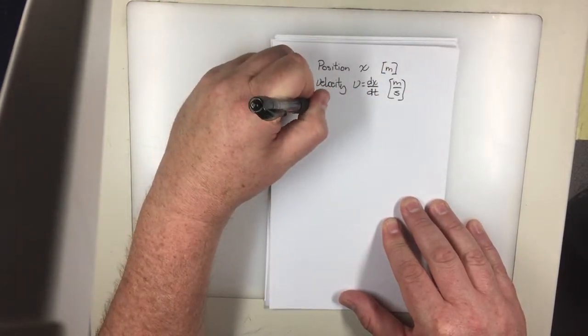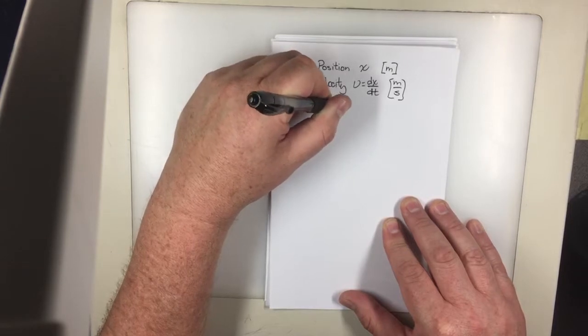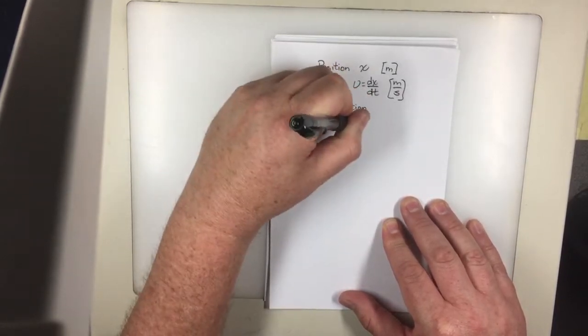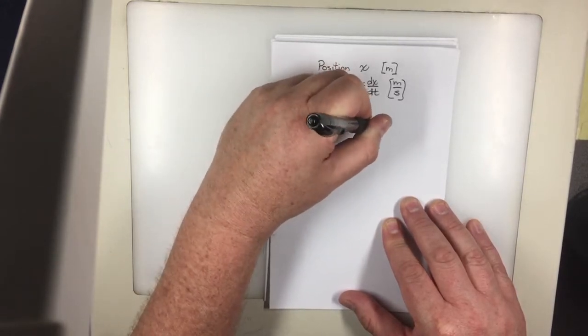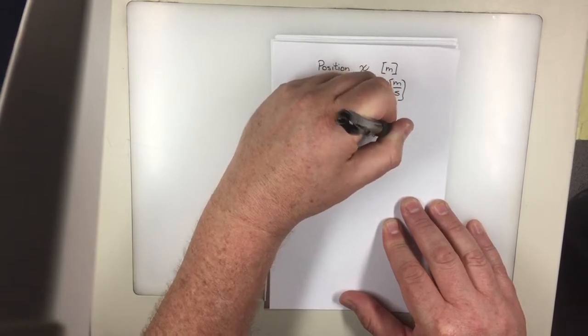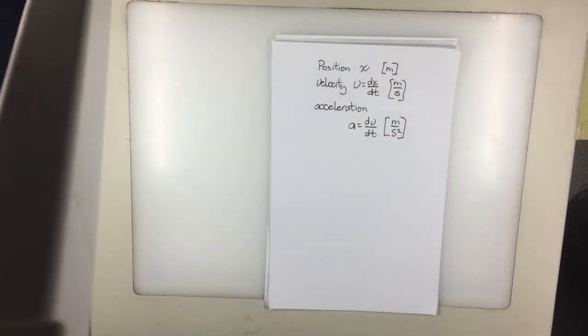We know about acceleration, where A is dv/dt, so it's meters per second squared. And we've been playing with this for the last week.